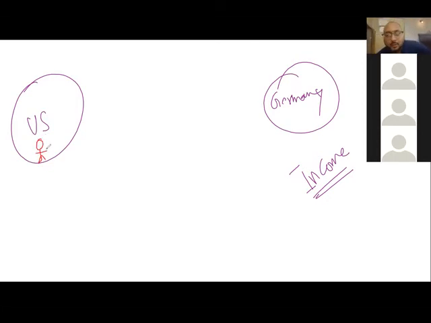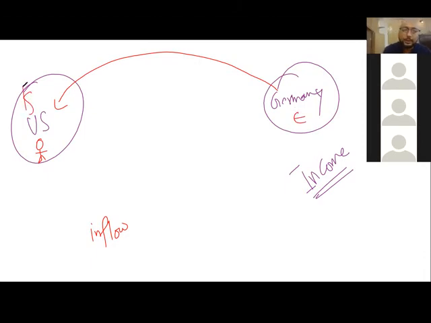Understand? So for you, what is inflow? If money is coming into the US, we call this inflow. German money is euro and US money is dollar. It means here there is some kind of forex market which converts euro into dollar, right?